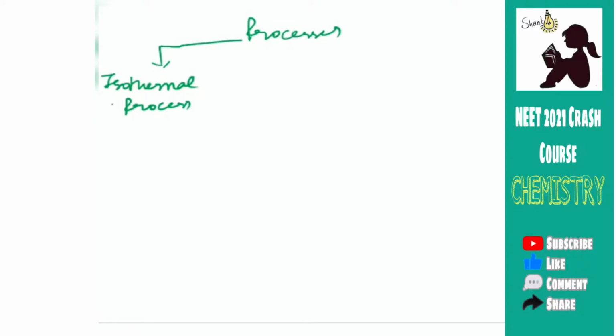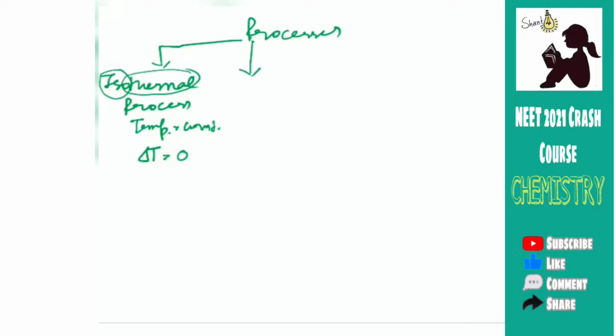Iso and thermal, that means no change of heat, so temperature will be constant, or change in the temperature, that is del T, will be 0.